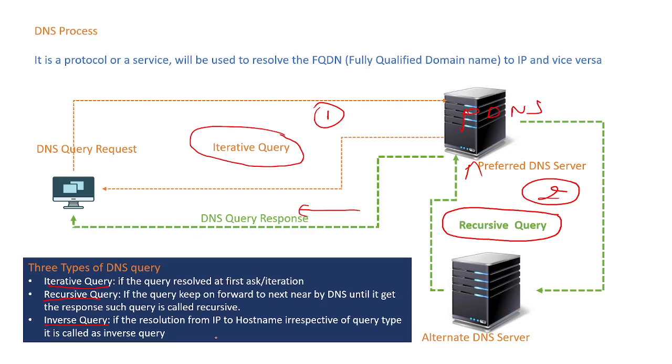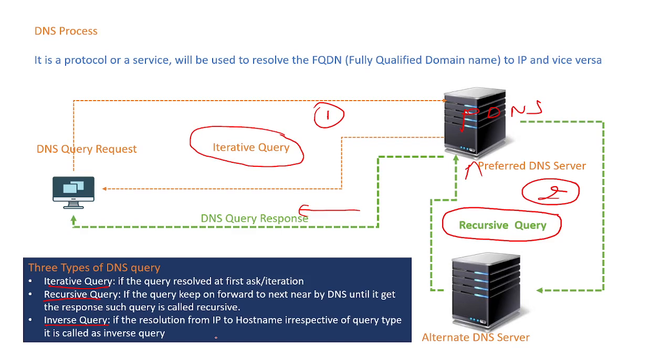Iterative means whenever the client asks for a name resolution, if it gets resolved at the first attempt, or the first iteration, we call it an iterative query. And recursive means if the queries keep on forwarding from one DNS server to another DNS server, such thing we call recursive.